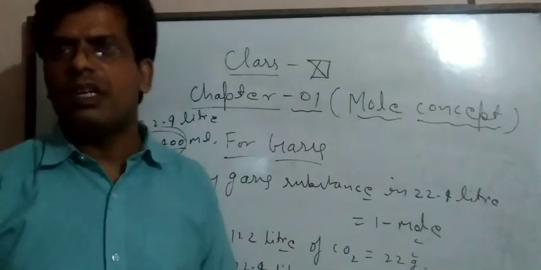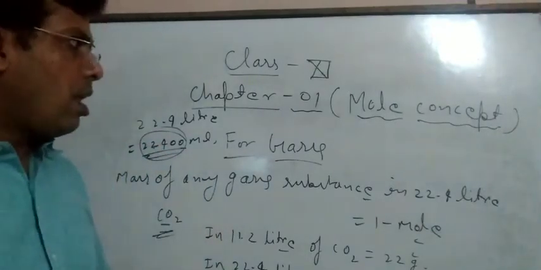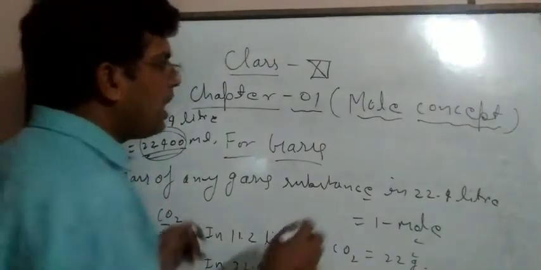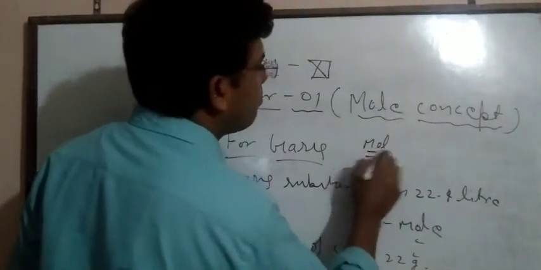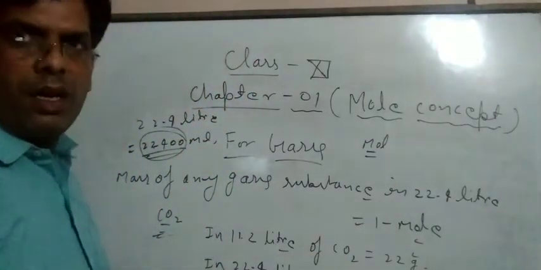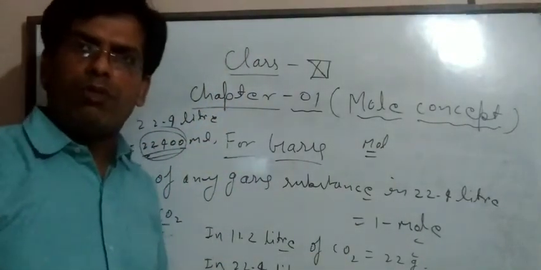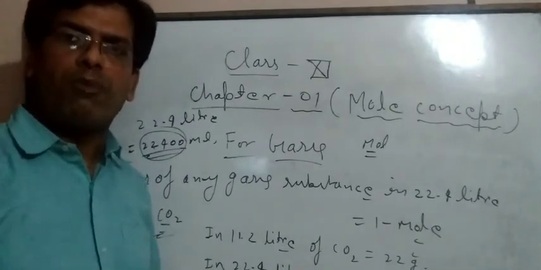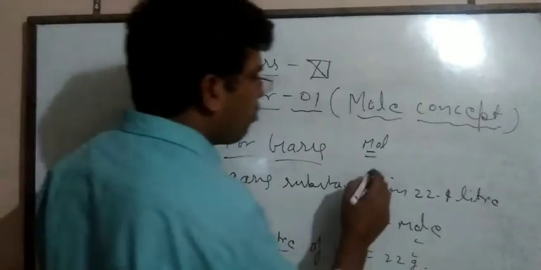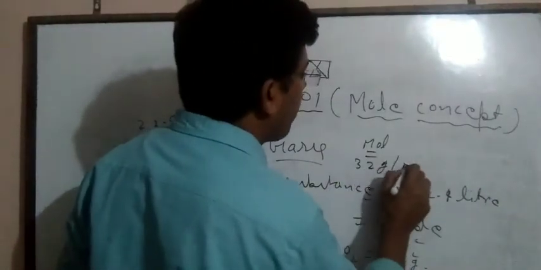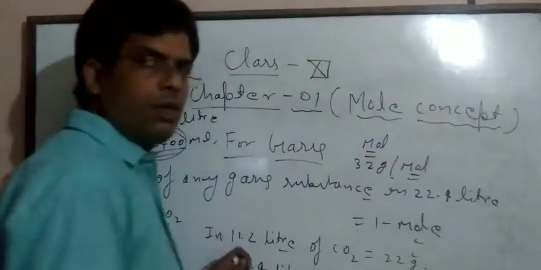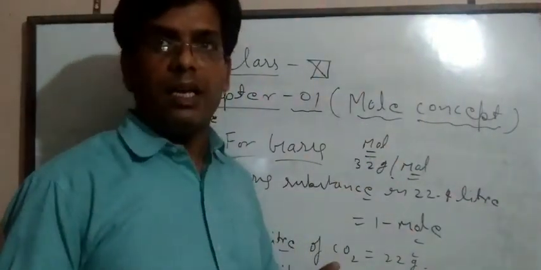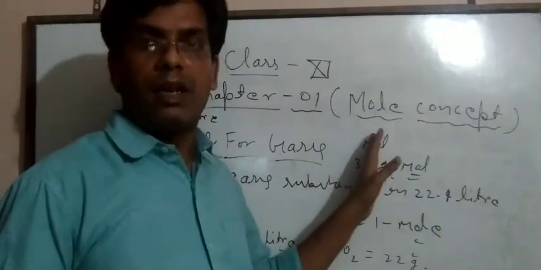One more important thing to keep in mind: as a unit, mole is written as mol. If you express the molar mass of an oxygen molecule, it will be 32 gram per mol. As a unit, mole is written as mol, not mole.